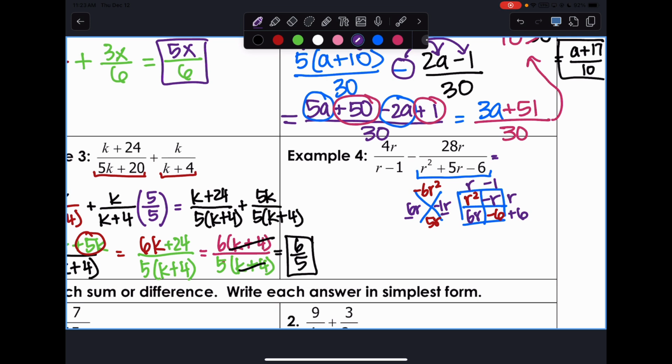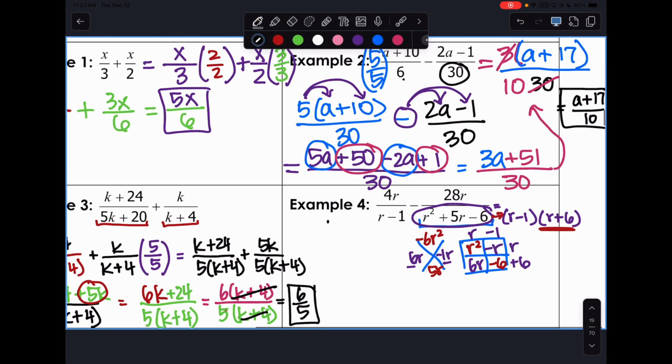So instead of this, we have r minus 1 times the quantity of r plus 6, right? Then what do I need in the first one? What's missing in the first one's denominator? r plus 6, right? So I just need to multiply numerator and denominator of 4r over r minus 1 by r plus 6 over r plus 6.